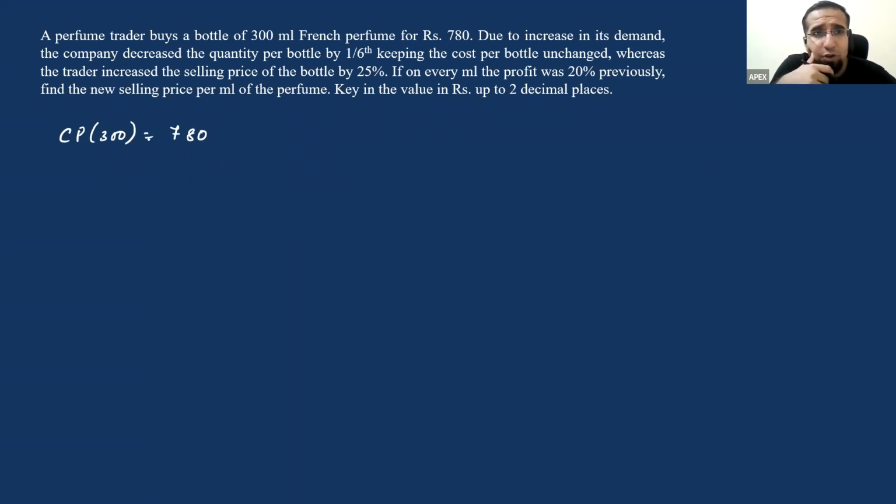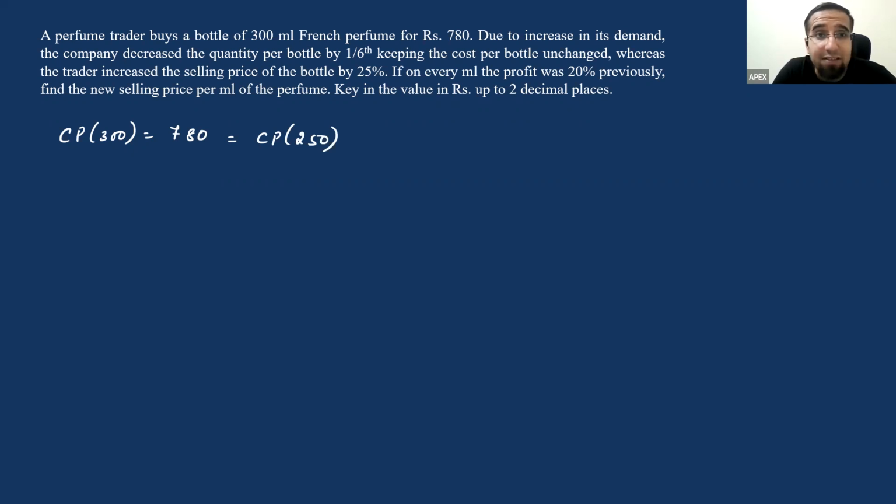Now what is happening? Due to the increase in demand, the company decreased the quantity of the bottle by 1/6, keeping the cost of the bottle unchanged. That means the same cost is now the cost of 250 ml, because 1/6 of 300 is 50. Clear?